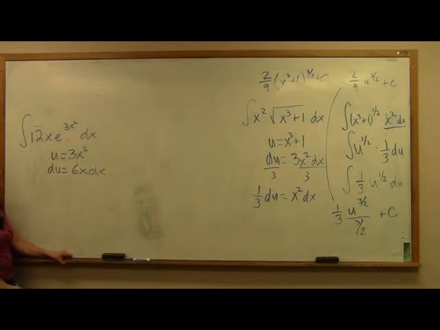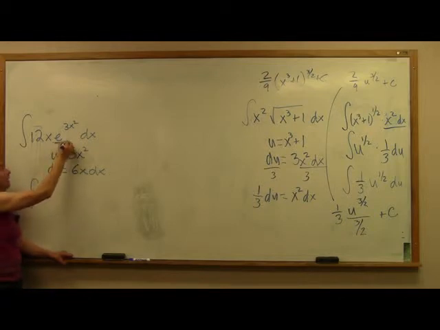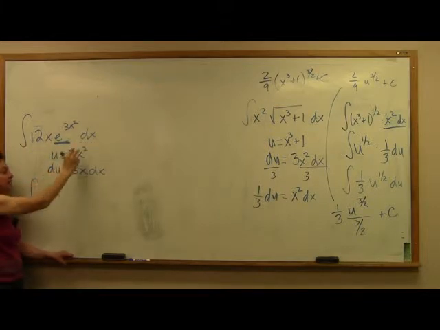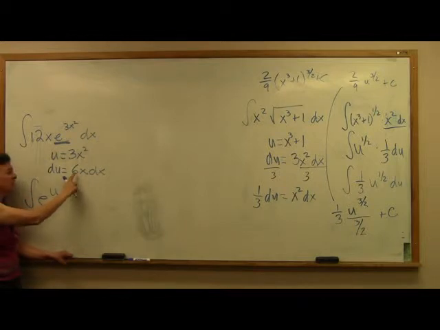Okay? Now what we want to do is rewrite this integral in terms of u. I think you'll grant me that this term becomes e to the u. And now, what else do we still have to write in terms of u? Well, we have a 12x dx. We don't quite have a 12x dx here. We have a 6x dx. But we're going to do a similar thing that we did over there.